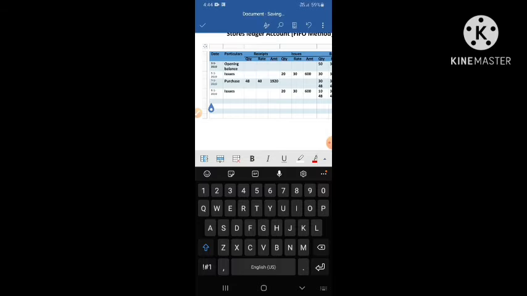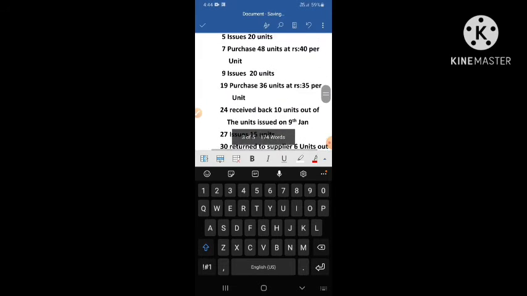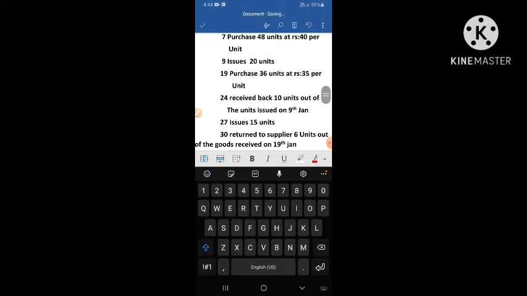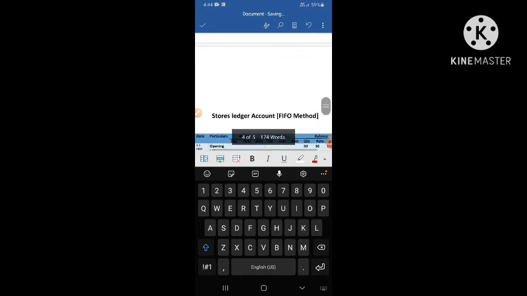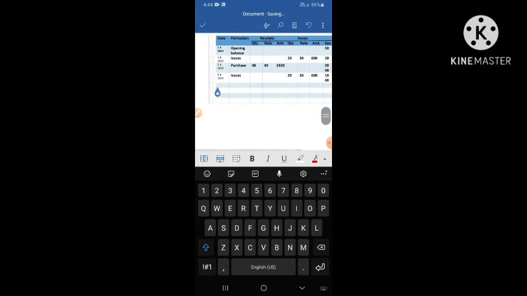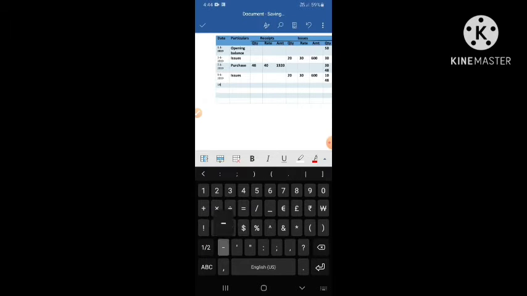And next, on 19 Jan 2019 they purchased 36 units at rupees 35 per unit. So we should show it in the receipt column. In the receipt column, first we write the date, 19 Jan 2019.